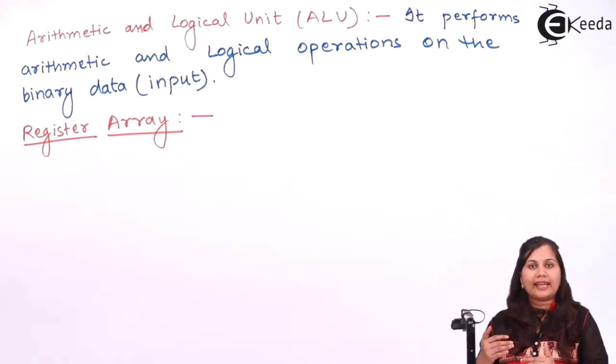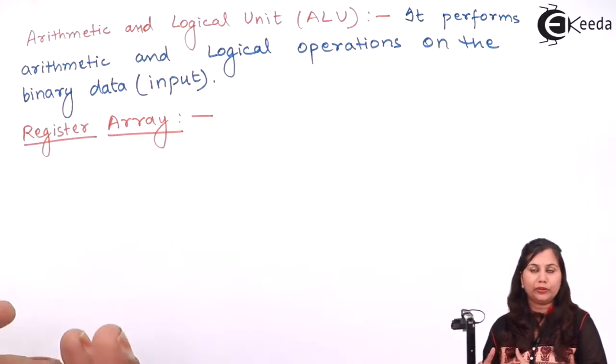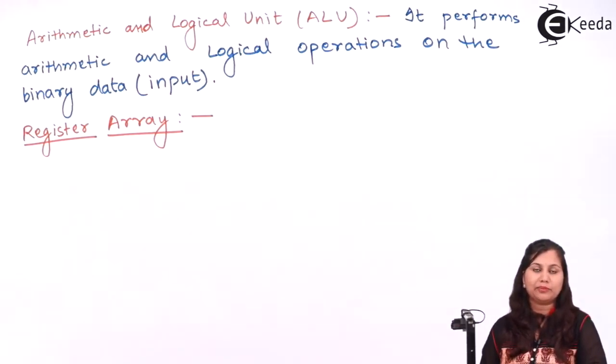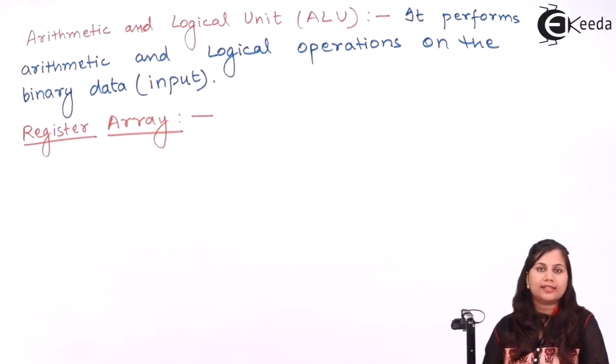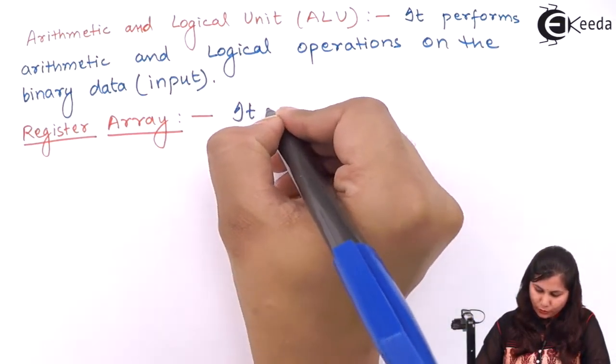Suppose there are 10 instructions written in the program, and after the execution of 4 instructions, some data or result has been produced which has to be used in the further instructions or in the remaining program. So that intermediate result is going to be stored in some registers in the register array. So it is the function of the register array to store it.